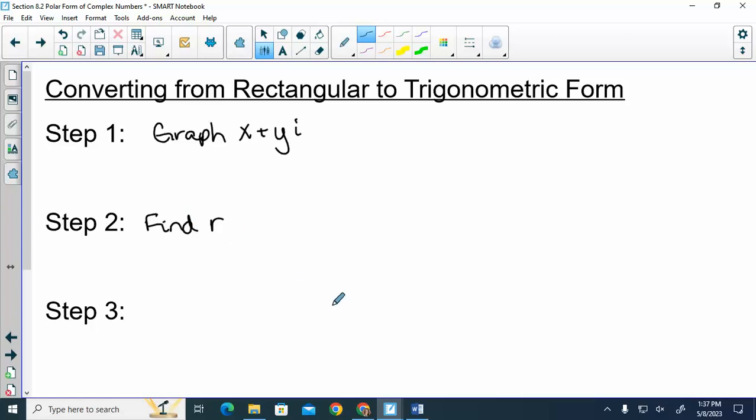Then we find r, and then we find theta. So let's look at one.